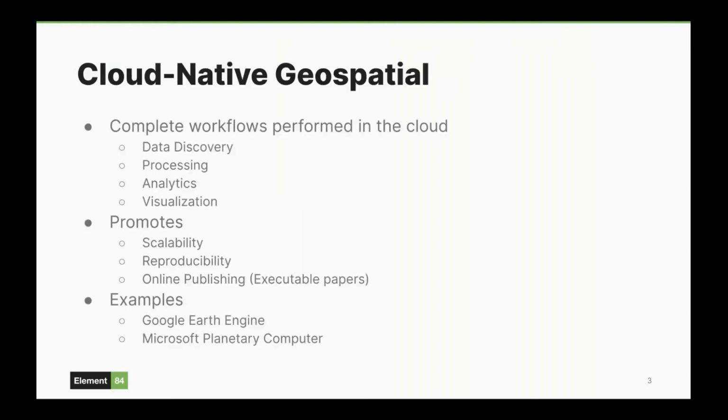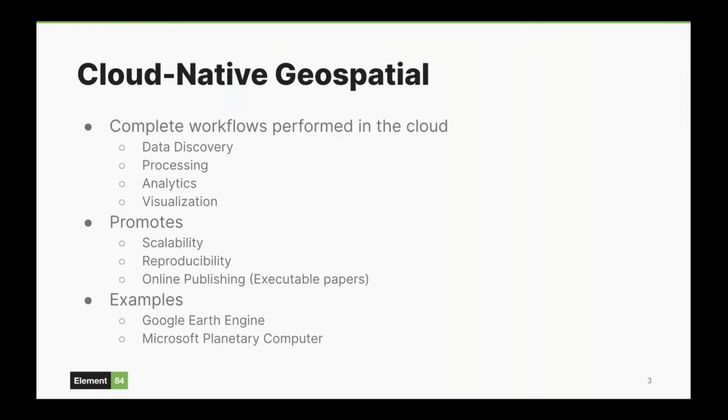Before I go into the STAC background though, just briefly some thoughts on cloud native geospatial. Of course, this is the main premise of these days, so I'm not going to go into a definition. I think we all agree and understand what cloud native geospatial is. We're doing complete workflows performed in the cloud. I want to underscore that it's not just scalability, but we also have reproducibility.